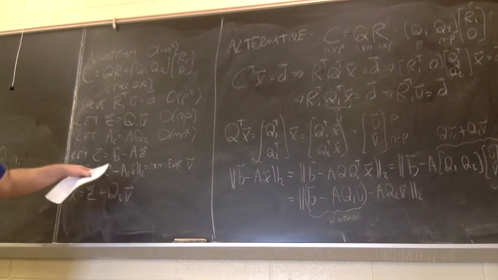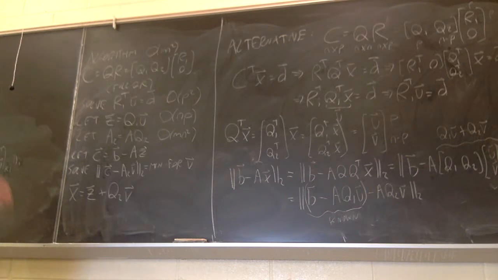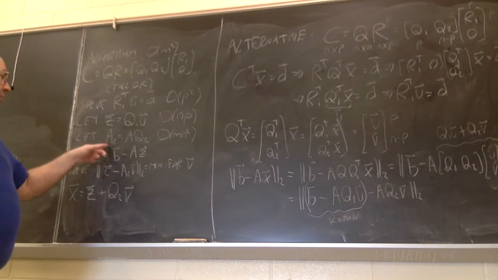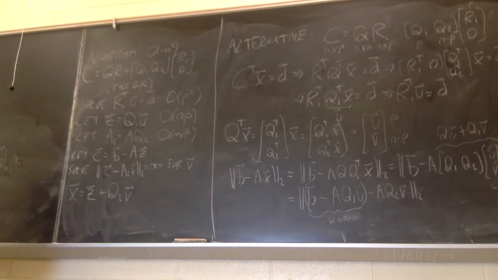So the order of running time will be, well, A2 is going to be A times Q2. So this is an M by N minus P matrix, and C is going to be an M vector.